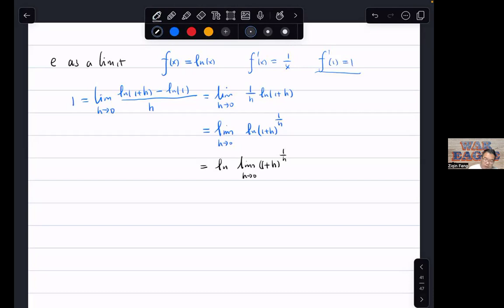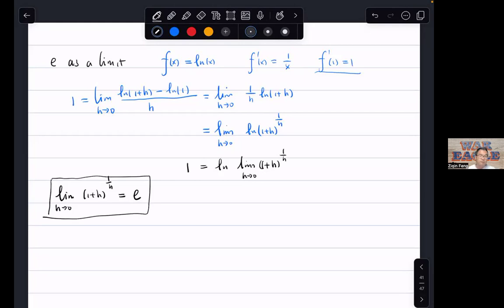So by our discussion, 1 equals this. So on both sides we raise to e, and you get a very nice identity: the limit as h goes to 0 of (1 plus h) to the power 1 over h equals e to the power 1, which is e, right? So this is a very important limit we have, as long as h goes to 0.